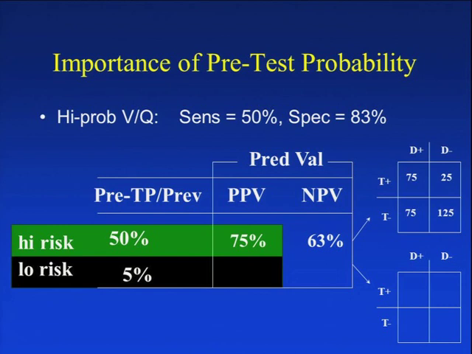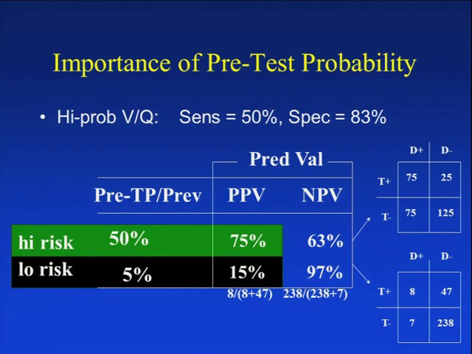Now look what's happening. Now all of a sudden your false positives are driving the numbers. If you get a positive test in a very low risk individual, it is overwhelmingly more likely that that is a false positive, even though it's the same test result, you still got a VQ high probability.